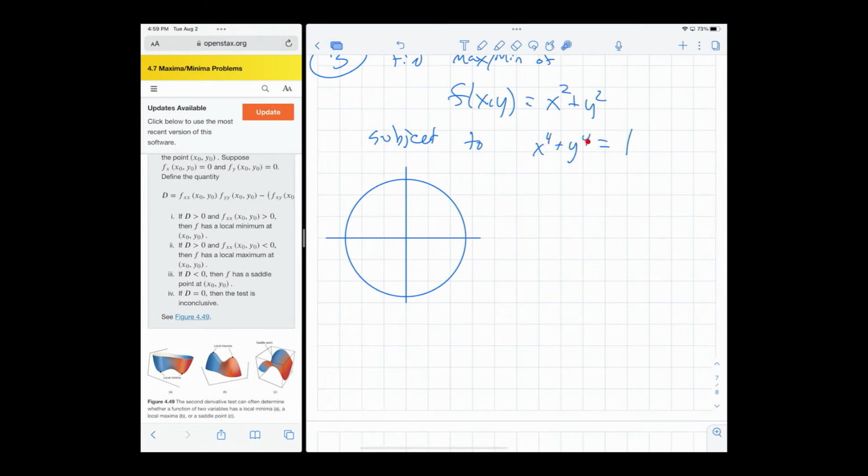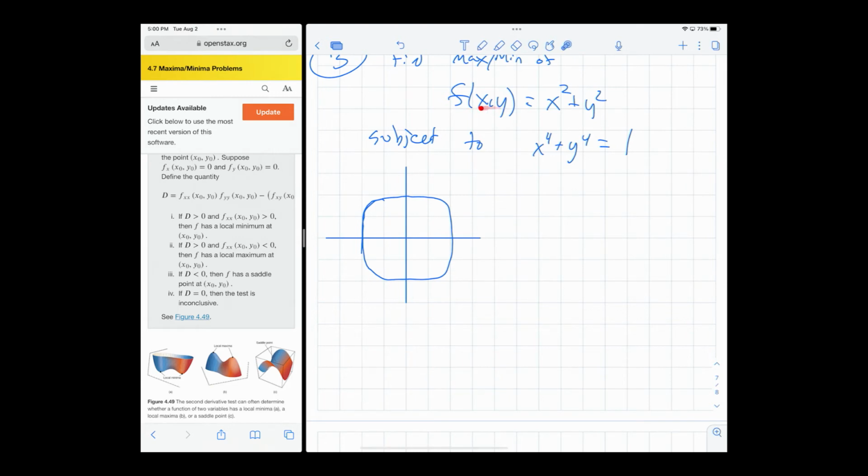When you make them higher even powers, it basically squares off the edges to some extent. So it's something like that. I mean, that's not a good drawing, but you get the idea, right? They call it a squircle sometimes because it's like a square circle. So that's what that looks like.